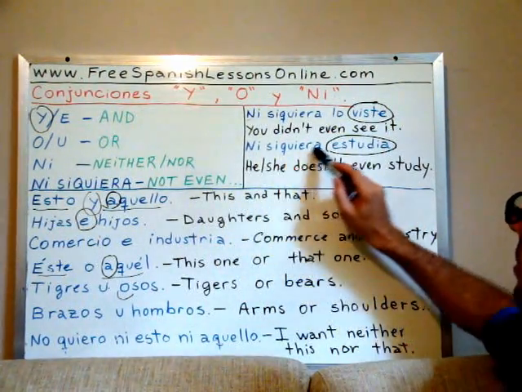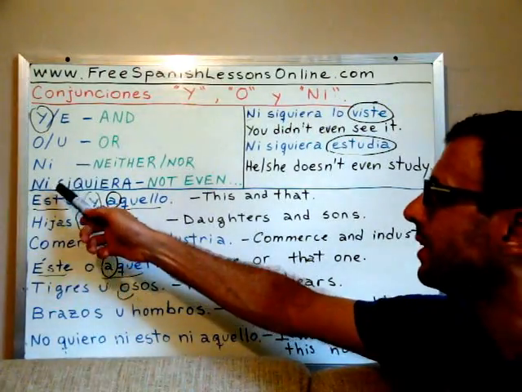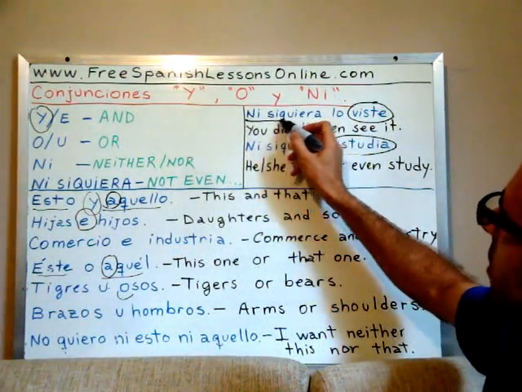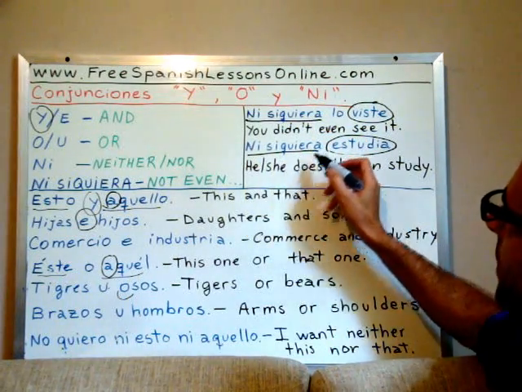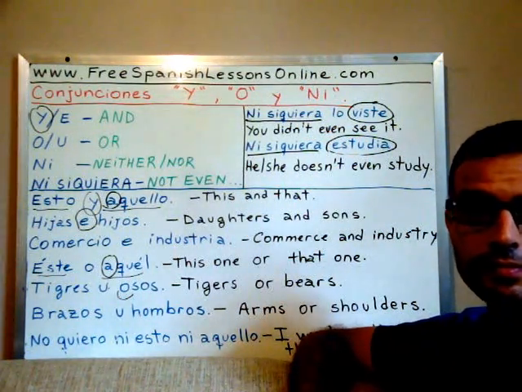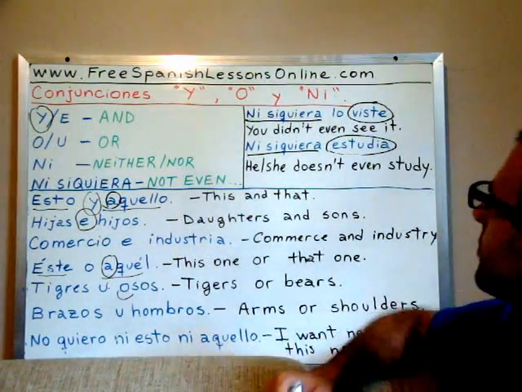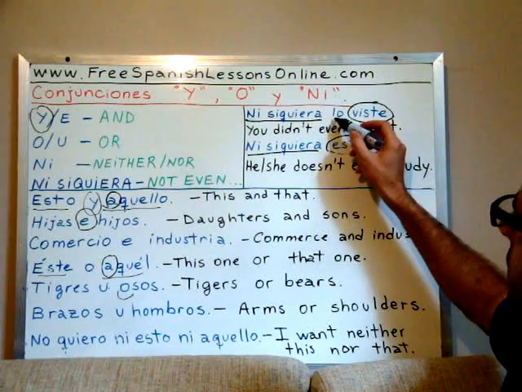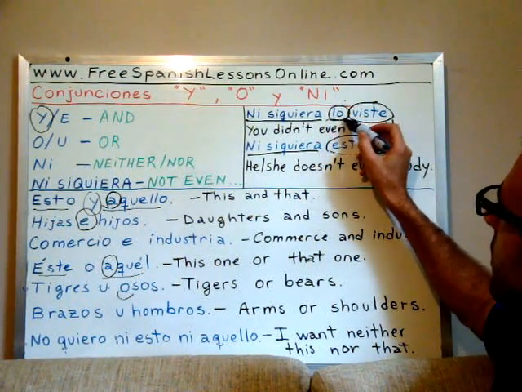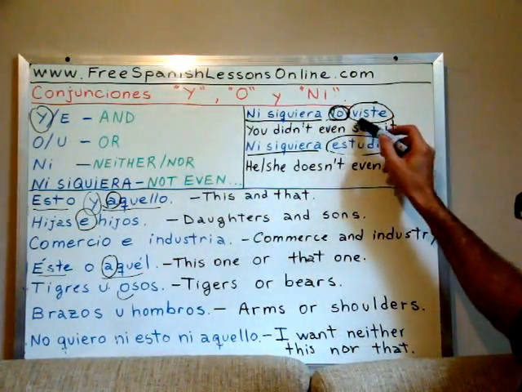So this is the typical basic structure for using ni siquiera, not even. Typically ni siquiera goes at the beginning, right? And then we have the verb. And then we can have any predicate we want. In this case, where there is an it, the it would go here before the verb.